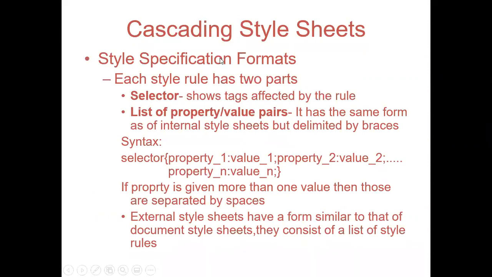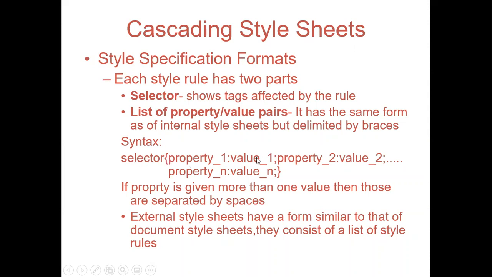Here you are supposed to specify which style you want to apply to your HTML page. For that we have a selector and a property. This we have seen in the previous cases.